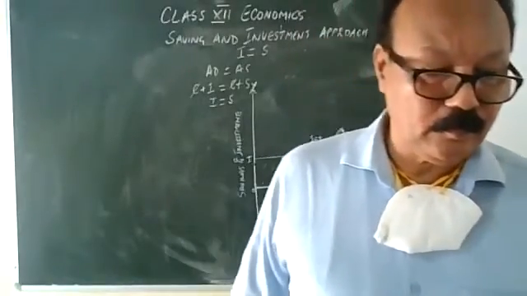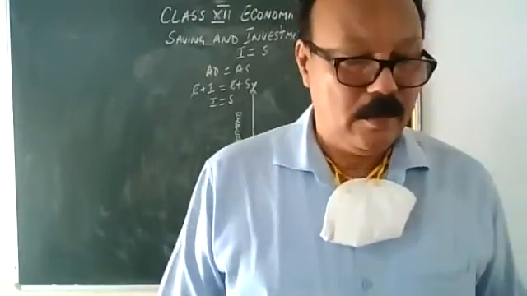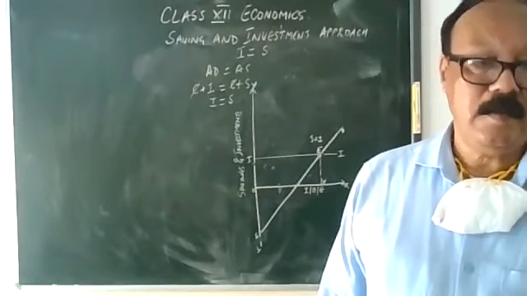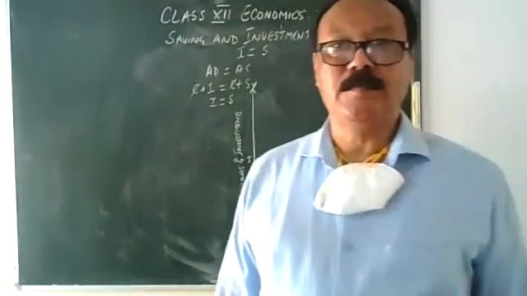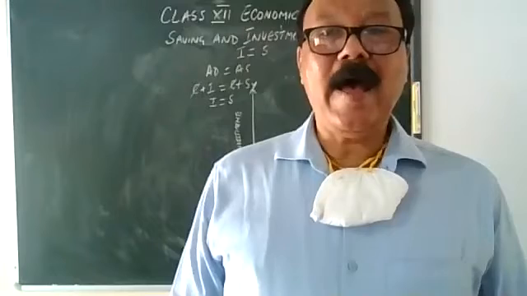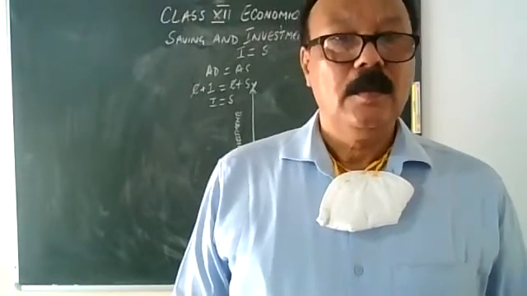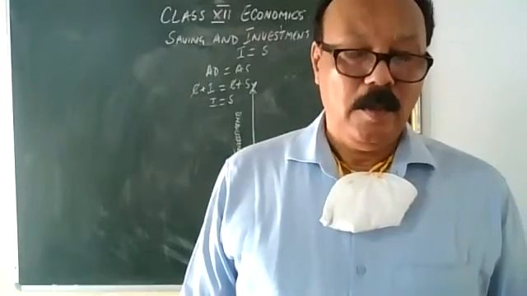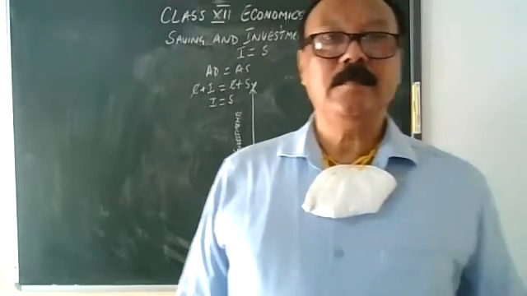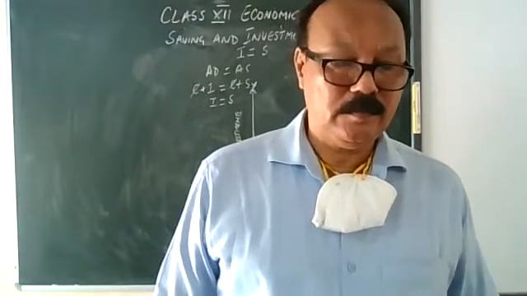Next, the II curve shows a fixed level of investment, as it is assumed that investment is given and is constant.